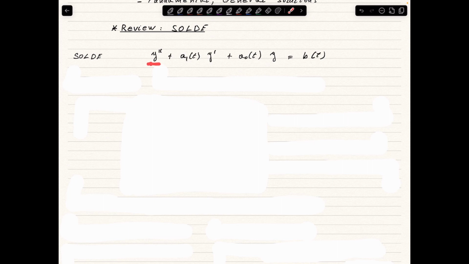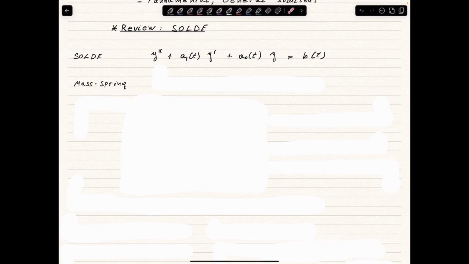As we can see here, the unknown function appears with power 1 or power 0. And the coefficients in the equation could depend on the variable t or not. And this is the non-homogeneous term.